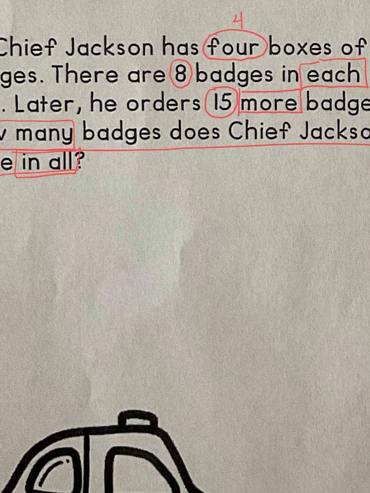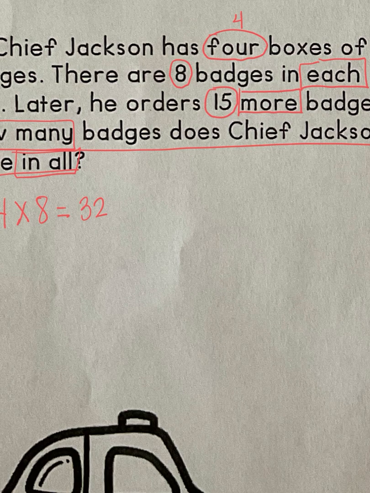If he's got 4 boxes and each box has 8 badges, I'm going to multiply 4 times 8 to see that he has 32 badges in those boxes. So now he's got 32 badges. Then later it says he orders 15 more badges. How many in all? The words more and in all tell me I'm going to add.